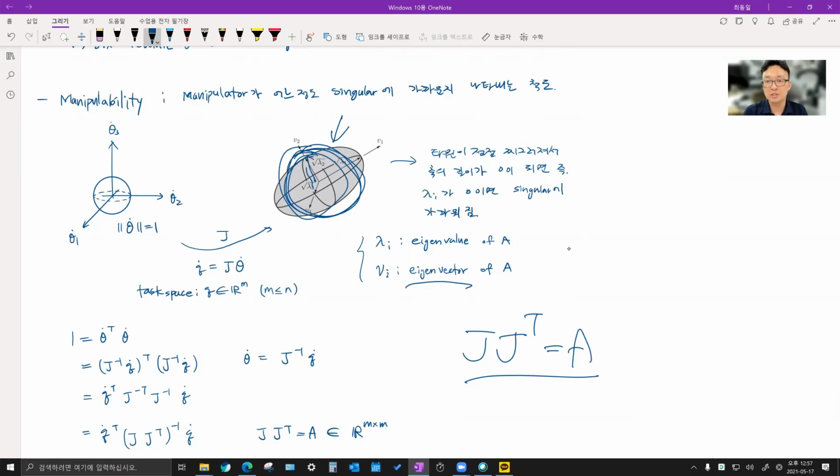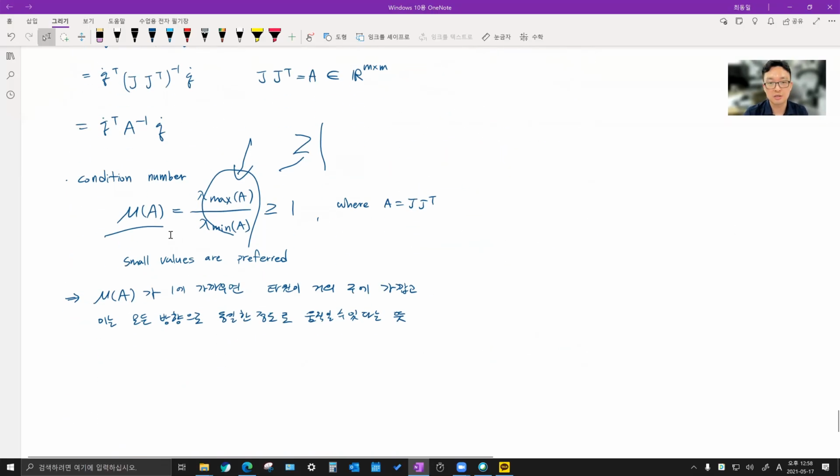In that case, in all directions, the velocity is well generated. So the manipulability is good. But if there is some narrow plane, then some velocity directions are not well controlled. So in that case, there is a high possibility of singularity. So it is better to make the condition number equal to 1.